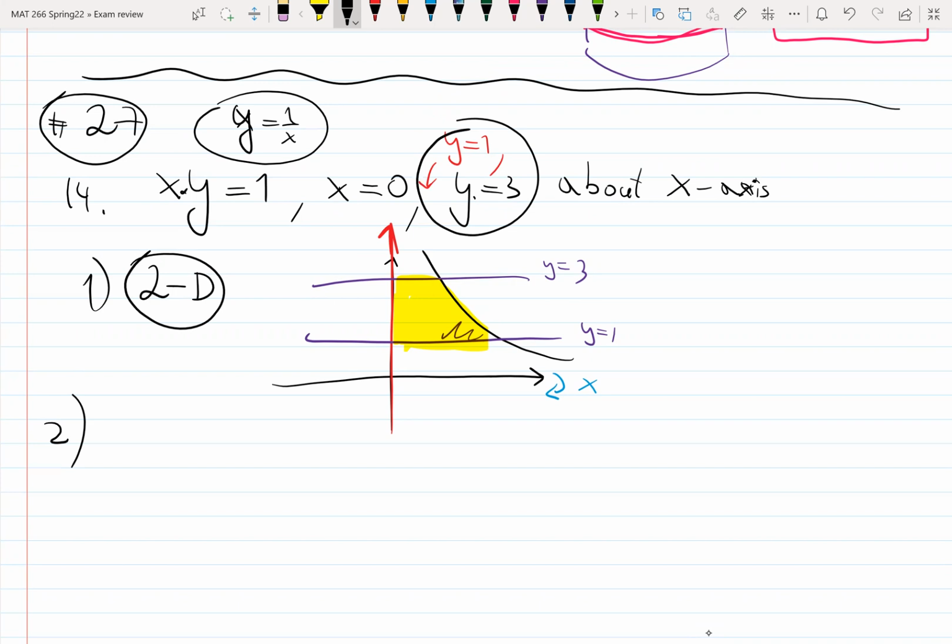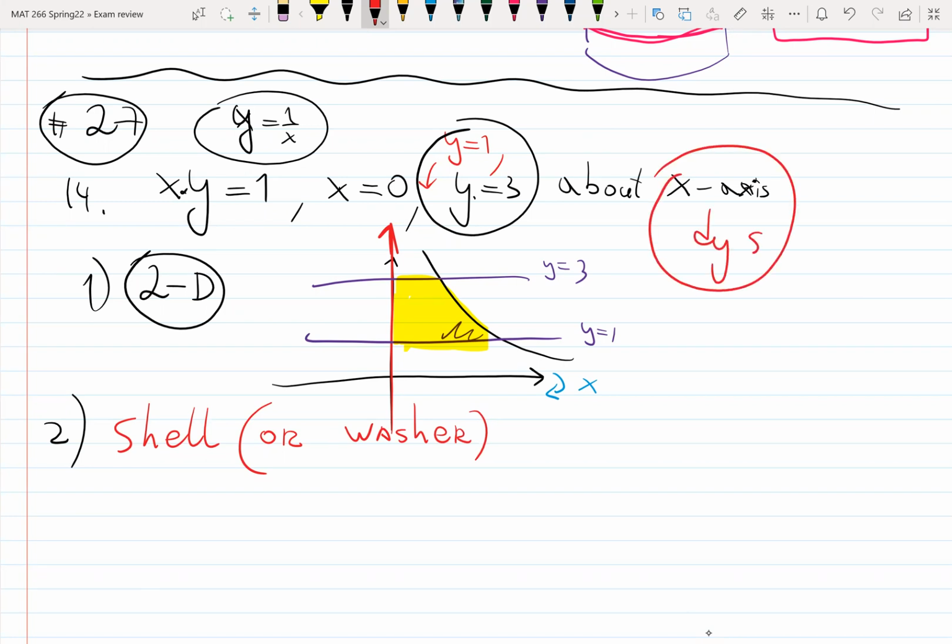To have dy, you use the shell method, or we just tell you to use the shell method. But actually in this particular example, you can do both. The thing is, it's a shell method or a washer, because if you choose not a shell method, it will have a gap. So it is dy for shell, because it's always the opposite variable if you choose to have a shell method, or if we ask you to do that.